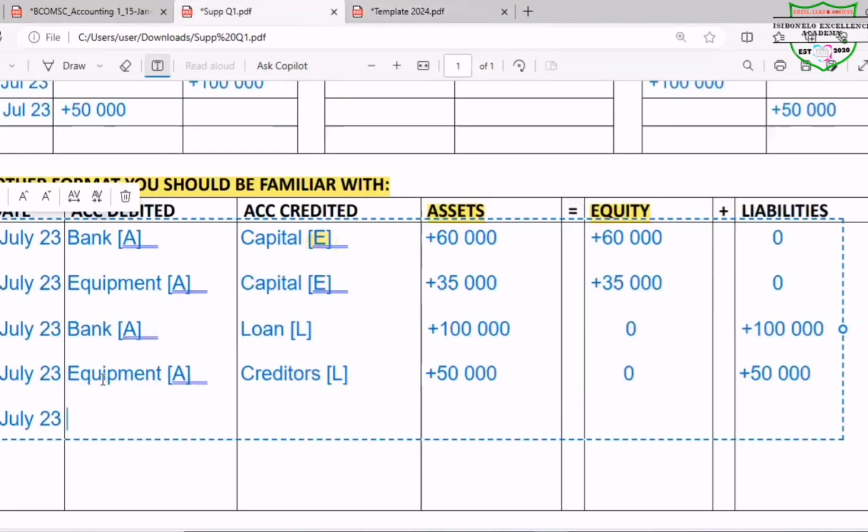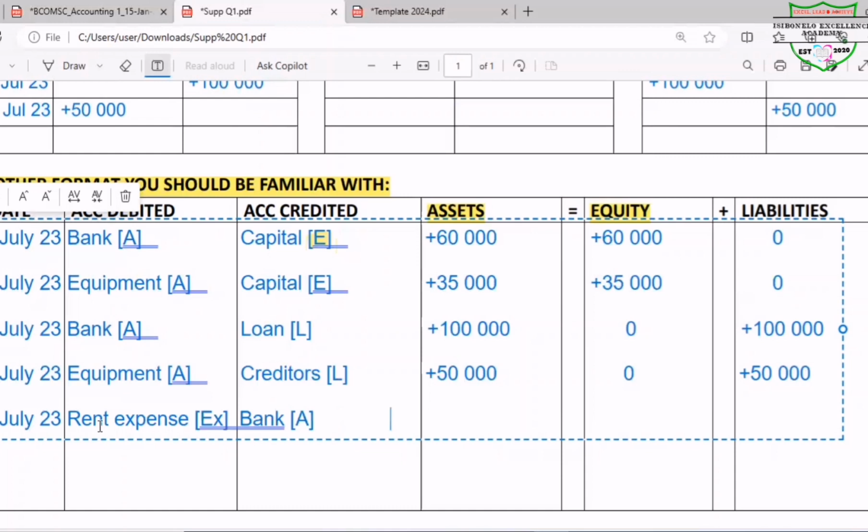This one is an expense account, and the account credited is bank, which is an asset.